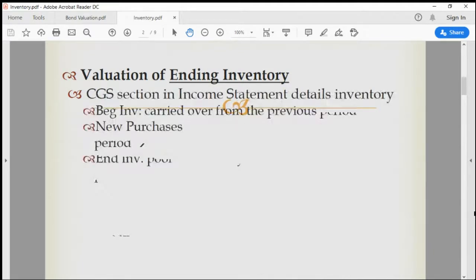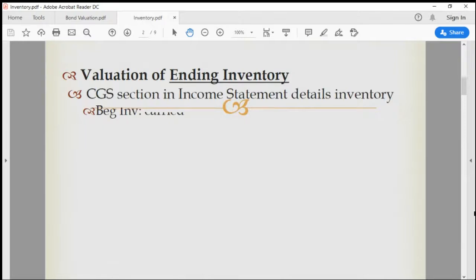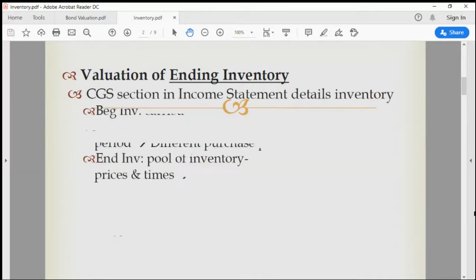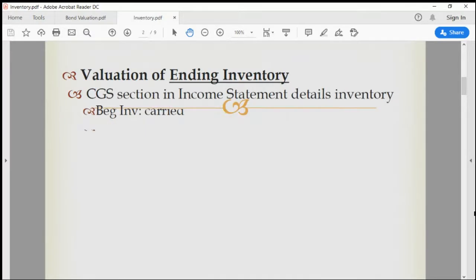and through that you can also get a rough estimation of ending inventory or net purchase or whatever.